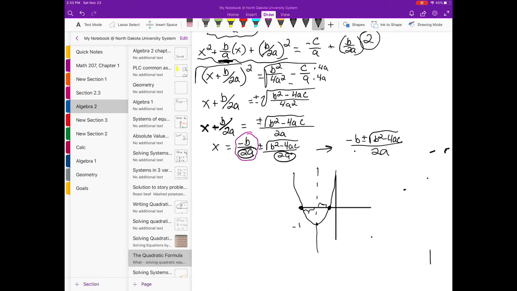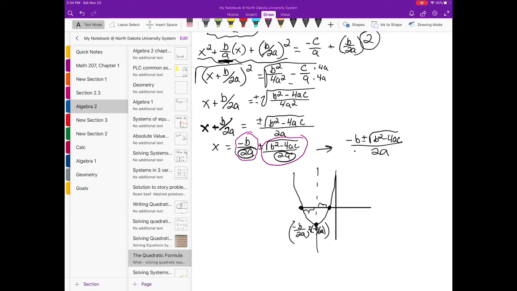What is that distance? If this is minus b over 2a, and f of minus b over 2a right here at the vertex, what is this distance? Wouldn't it just maybe be that? I think we should explore that possibility. Not right now, but soon.